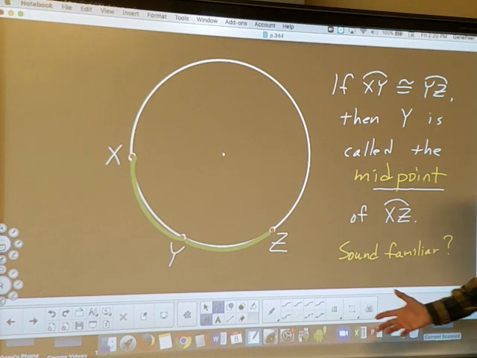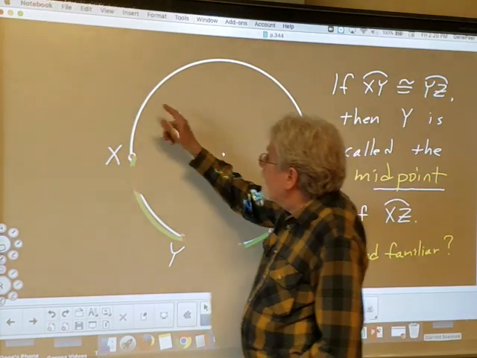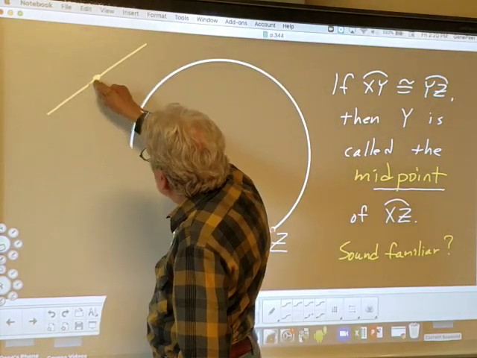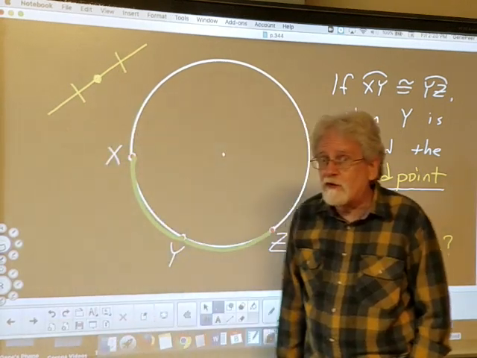It sounds familiar because we had the same definition for segments. If you have a segment, remember, and it just happens that this piece is congruent to that piece, then we call that the midpoint. That was the definition of midpoint.